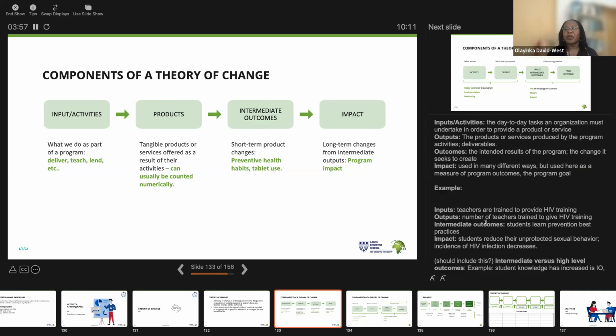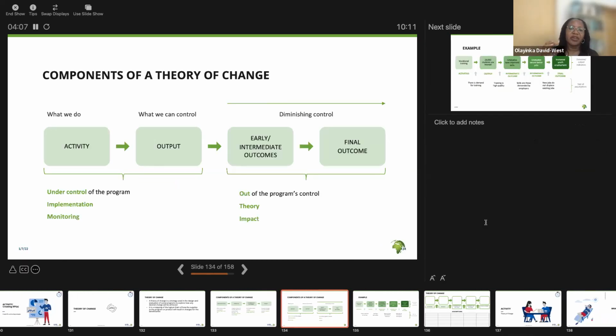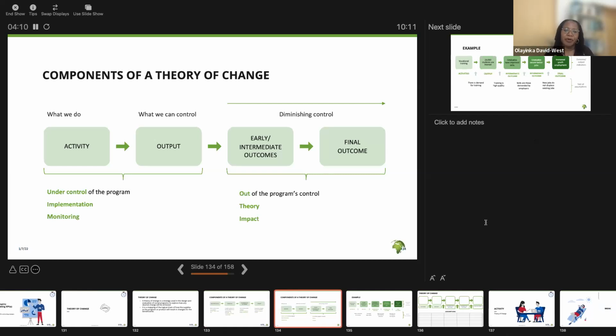One of the longer-term outcomes is that child mortality rates will reduce, etc. So those are the kinds of ways we need to think around the theory of change. So let's break down the components into what we have control over, and what we don't have control over but want to influence and continue to advocate for.